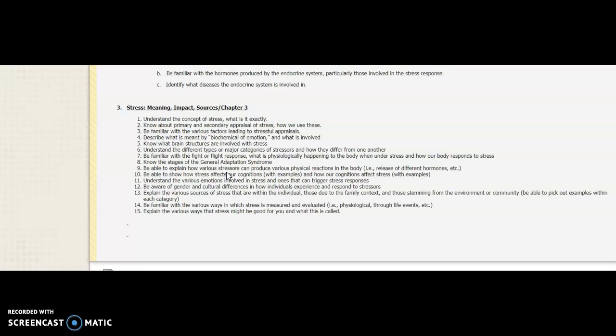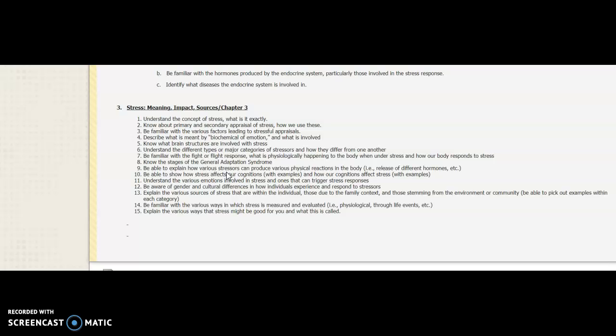You want to be familiar with the different factors that lead to an appraisal of stress. If you're feeling stressed out by something, what is causing that? What different factors lead to that cognitive appraisal of, I can't handle this, I'm stressed out, okay? And some of that is biochemistry.